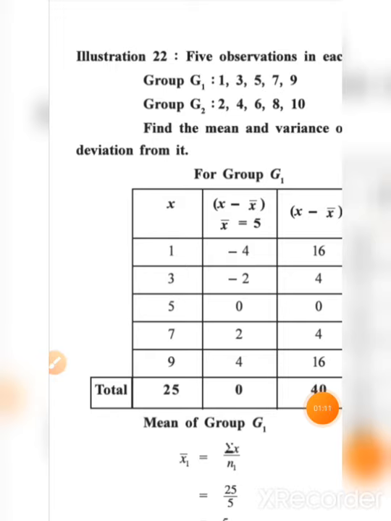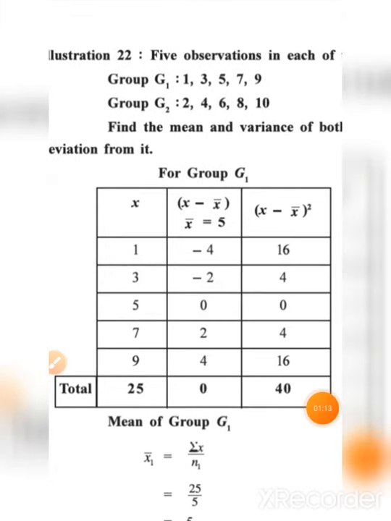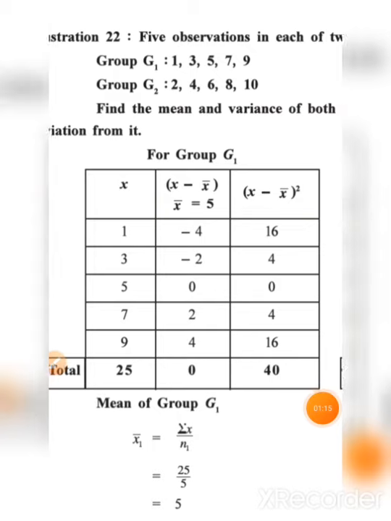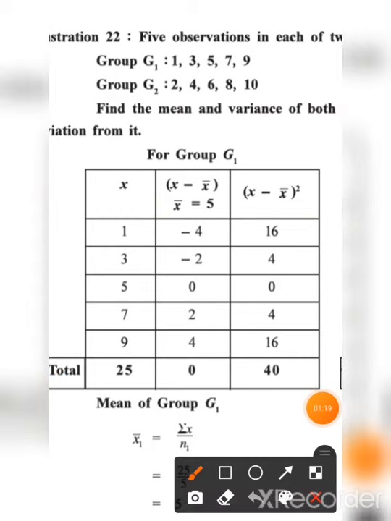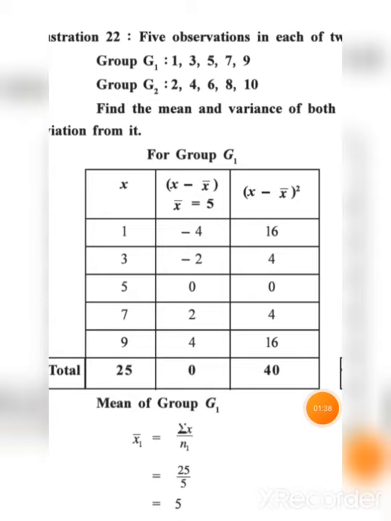Now first of all we'll see both the groups. Now see group 1. In group 1 you have all the observations, that is 1, 3, 5, 7 and 9. You would find its total comes to 25. Similarly, we know that we need xi minus x bar, and xi minus x bar whole square for standard deviation.